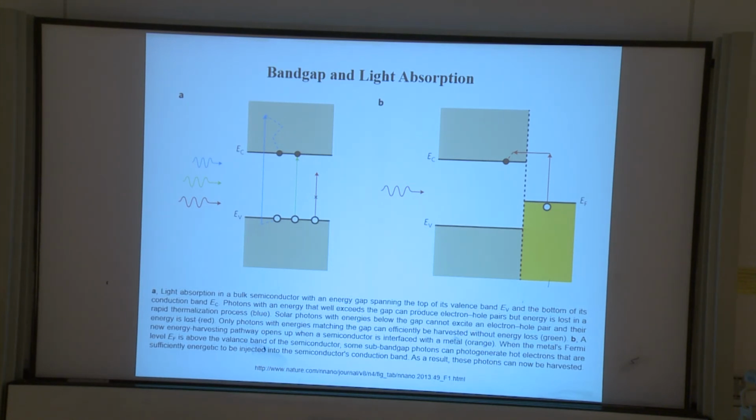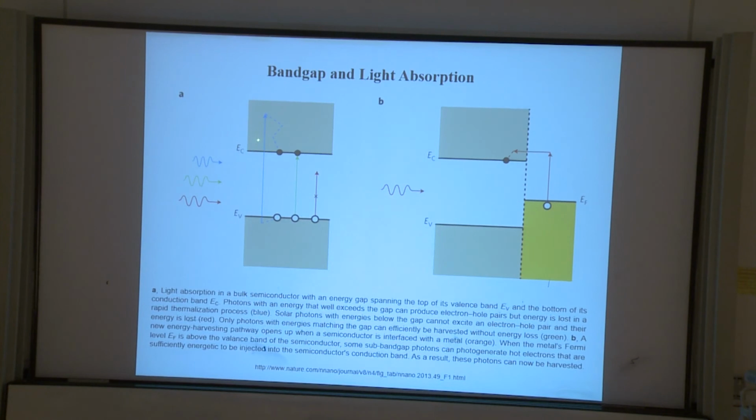If you heat the semiconductor, there will be a thermal effect. The conduction band will be lower and the valence band higher, because the vibration causes a reduction of the band gap. But you need to heat the semiconductor to a very high temperature to feel this effect. If you only heat to 100 degrees, you hardly have any difference.